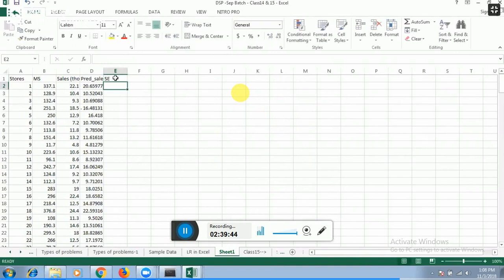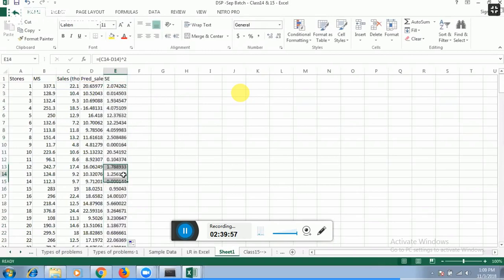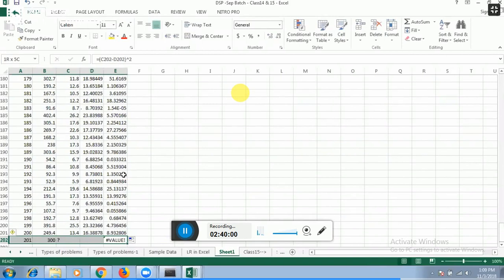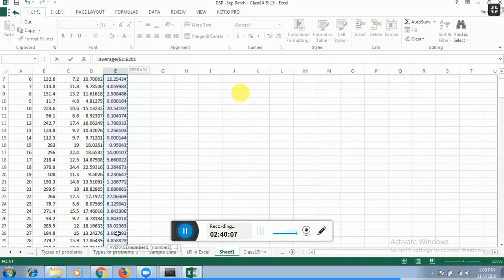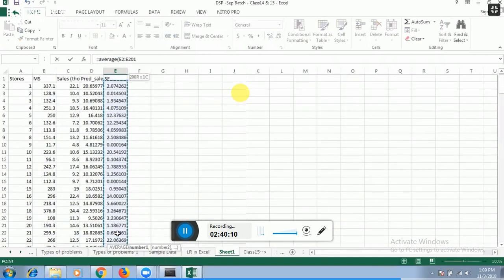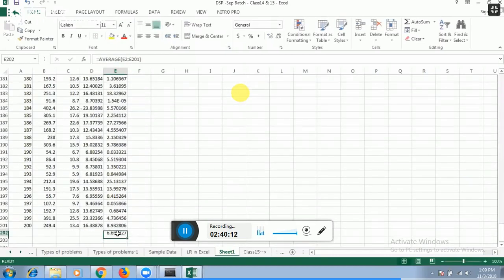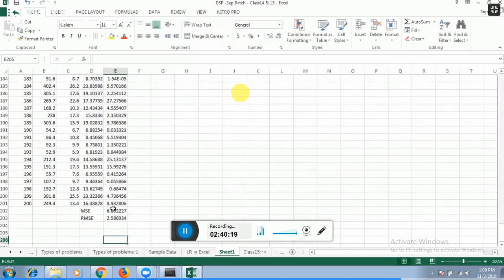Squared error is nothing but actual minus predicted, and square. So this is my square of error, and taking the average of this is the mean squared error, MSE. RMSE is nothing but the root mean squared error.